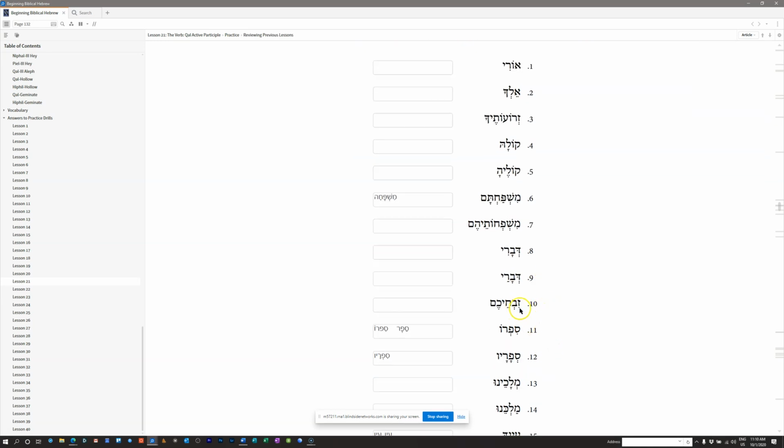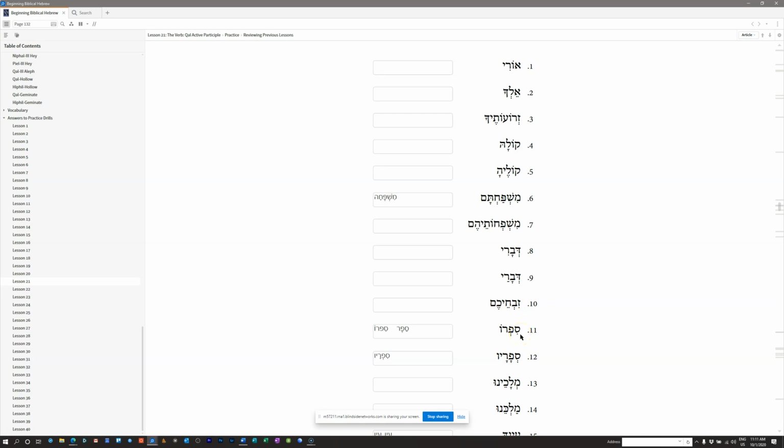Number 10, we've got zevach, so sacrifice. But here we've got zivchechem. So zivche is going to be masculine plural, as you can tell by the sere yod, that's an indication or a reminder as well that we've got a construct here. So zivchechem is going to be your masculine plural, your sacrifices.